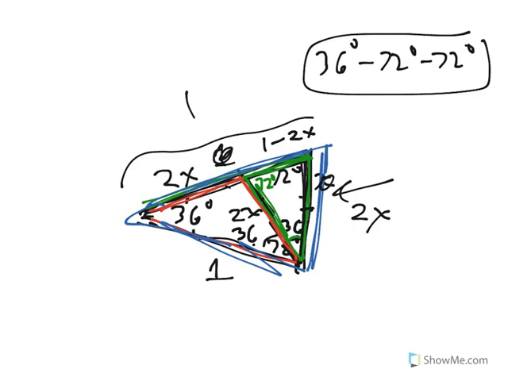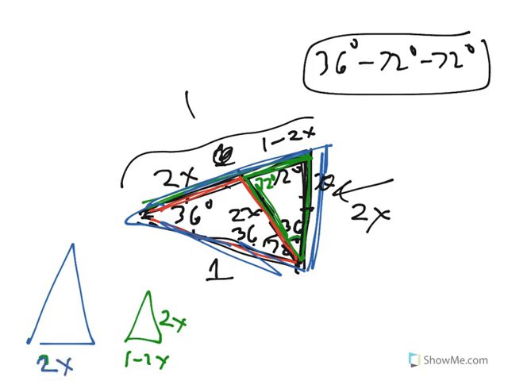What if I were to put the blue triangle and the green triangle side by side? What I would see is this is 1 minus 2x. This is 2x. In the blue triangle, the base is 2x, and the sides are 1.